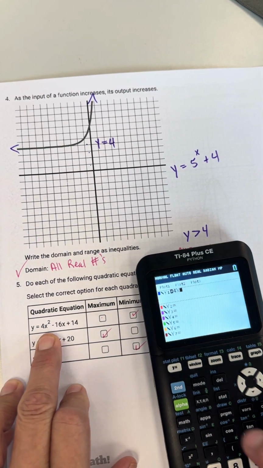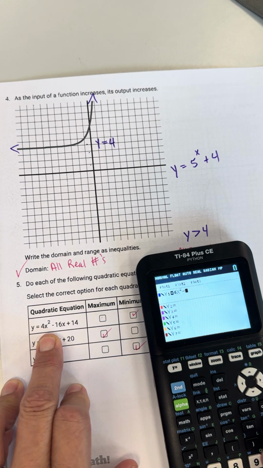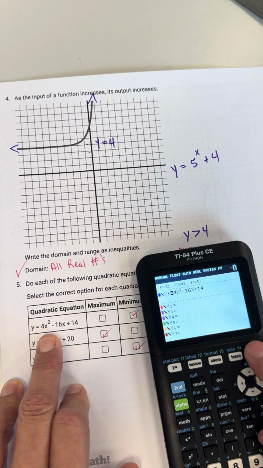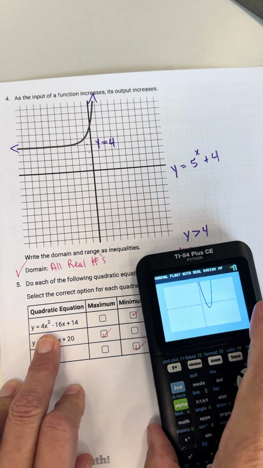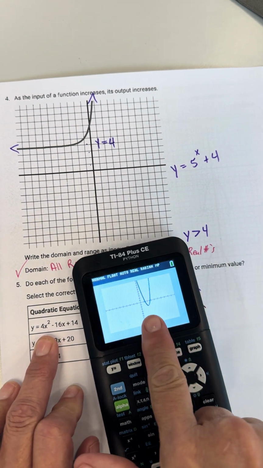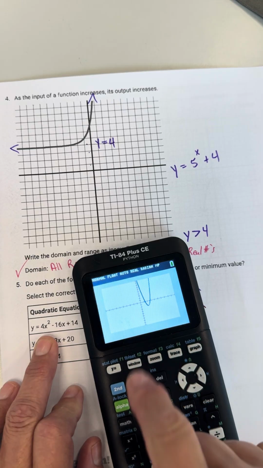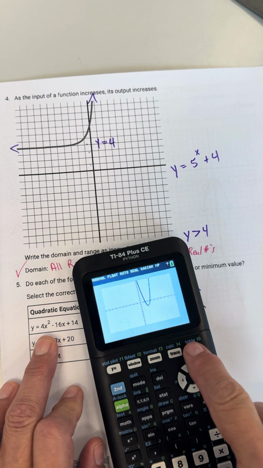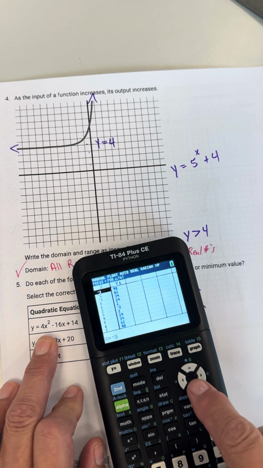So 4x squared minus 16x plus 14, graph. And so my vertex looks like it's at -2. So let's go to the table. And it is close to it.